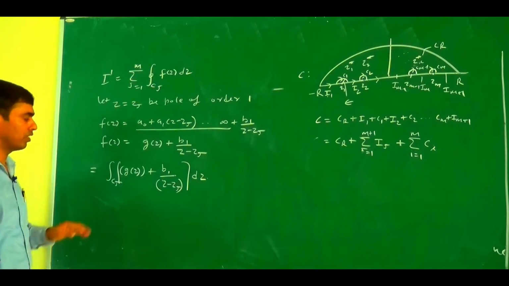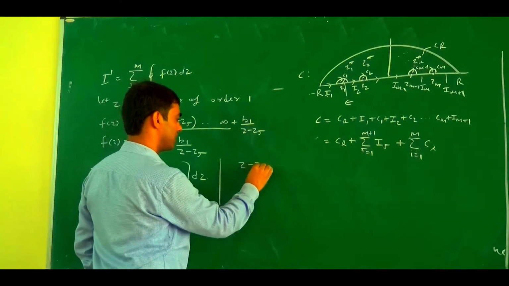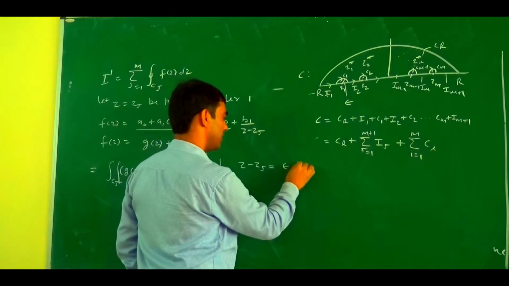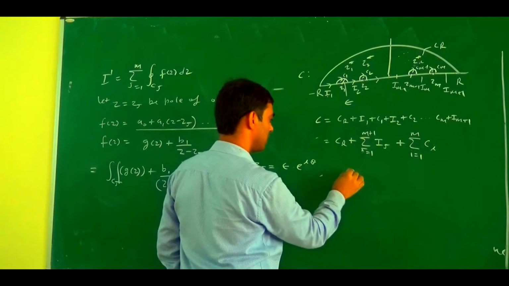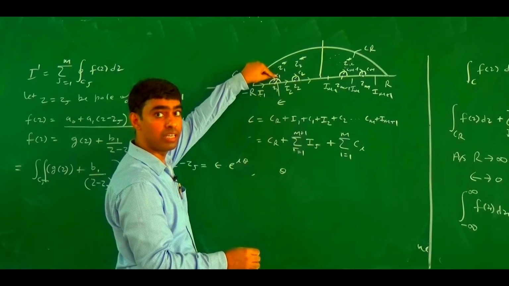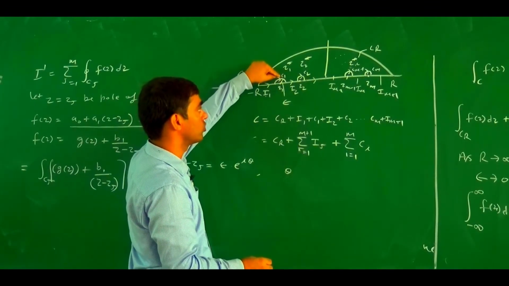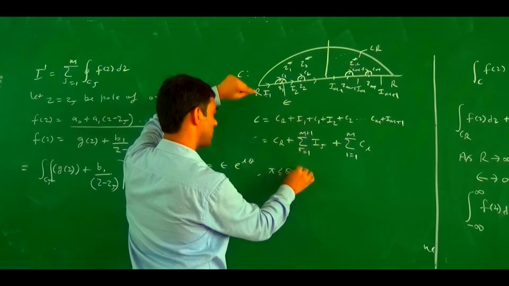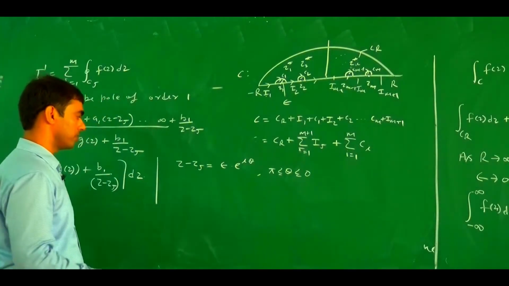Now what is the value for this integral? Here we assume that z minus zj equals epsilon e to the power i theta. The orientation of C1 is clockwise, so this is treated as minus C1, and theta varies from pi to 0.